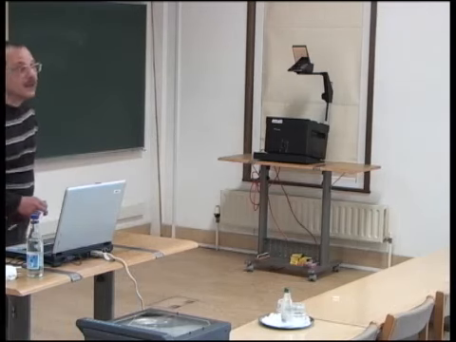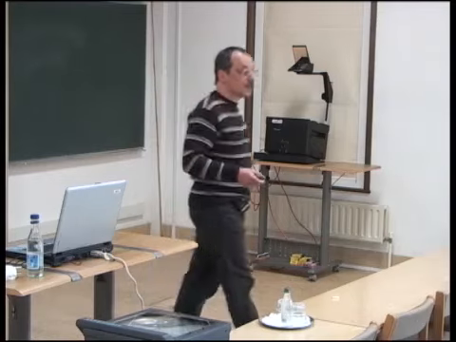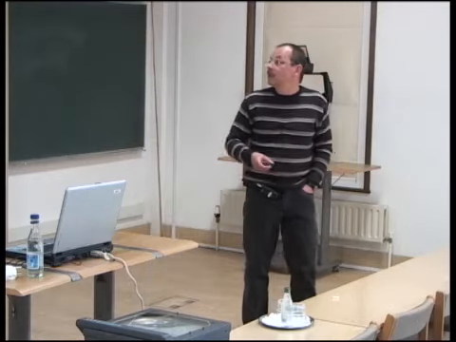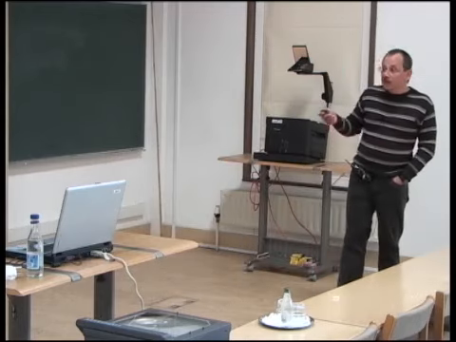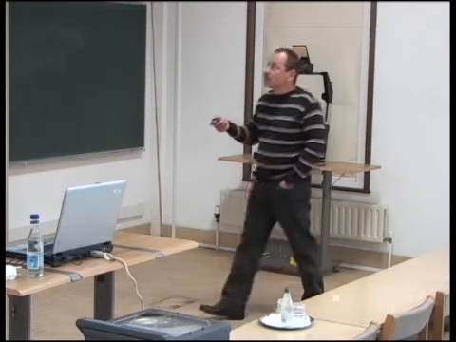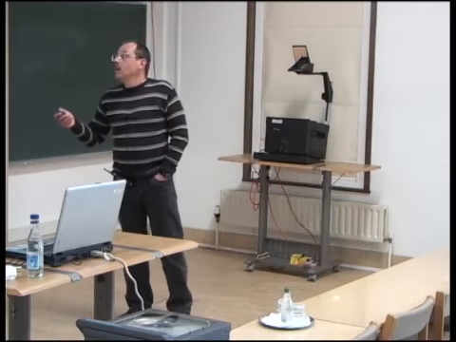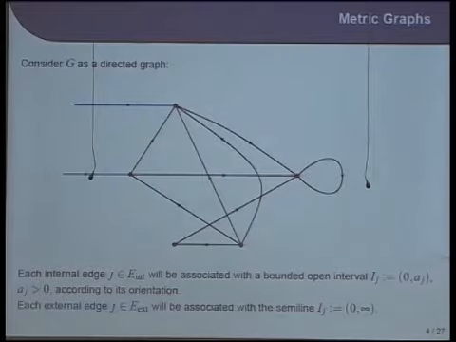Okay. Is the external edge infinite? Infinite. It will be associated with infinite intervals. So now we actually introduce the metric structure on this graph. Any edge will be associated with a bounded interval having the length a_e, where a_e is positive.